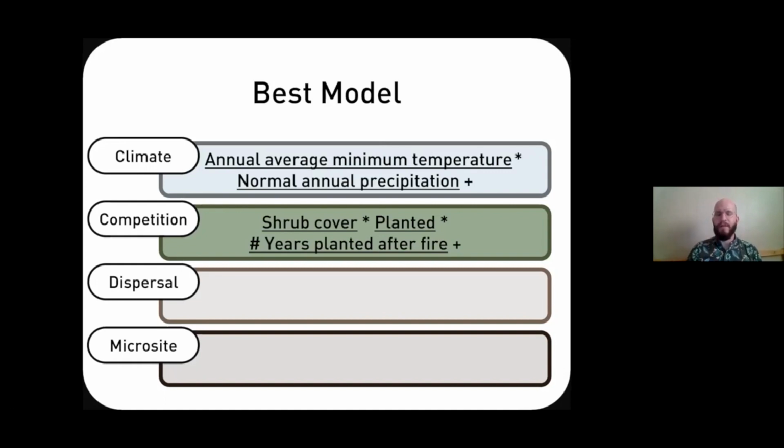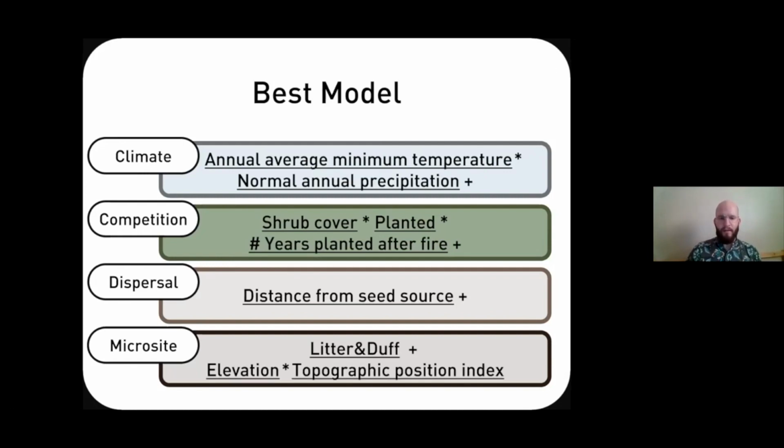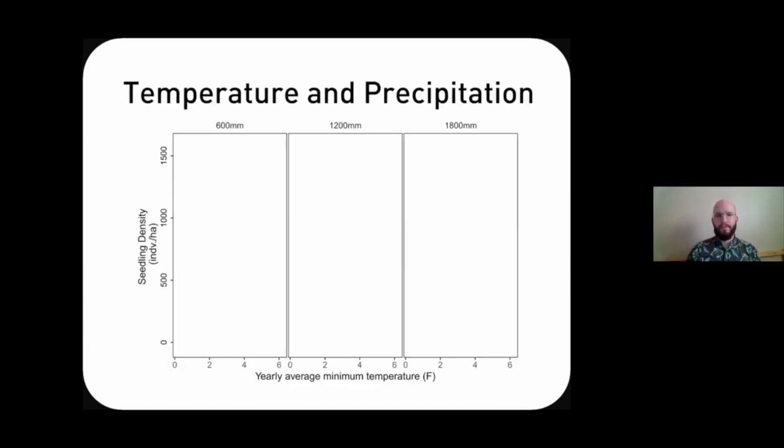We'll get to all of these later with some figures, but I just wanted to give you the whole model. Dispersal came out as important with the distance from a seed source, and then the microsite was important with litter and duff depth, and an interaction between elevation and topography.